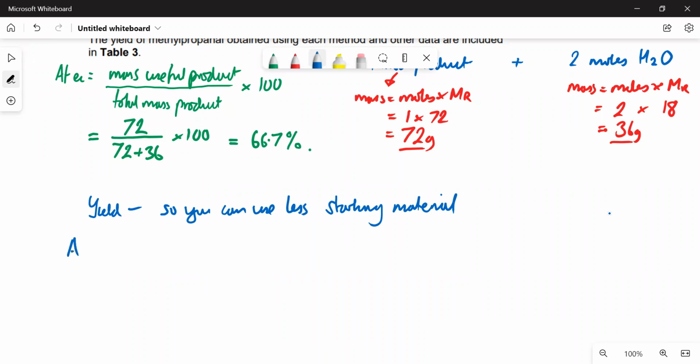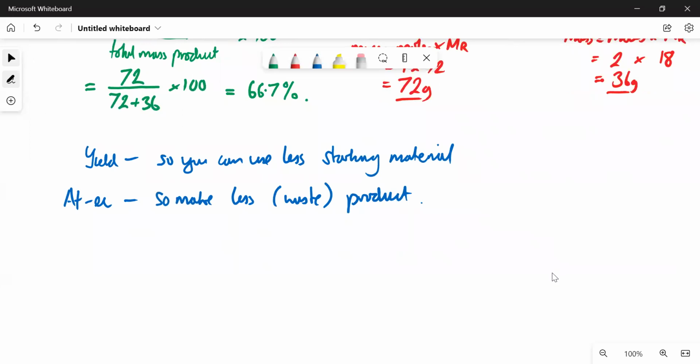And why do you want a high atom economy? So you make less waste product. In this example it's not really that relevant, because you're only making water, which is not difficult to dispose of. But that is why you want a high atom economy.